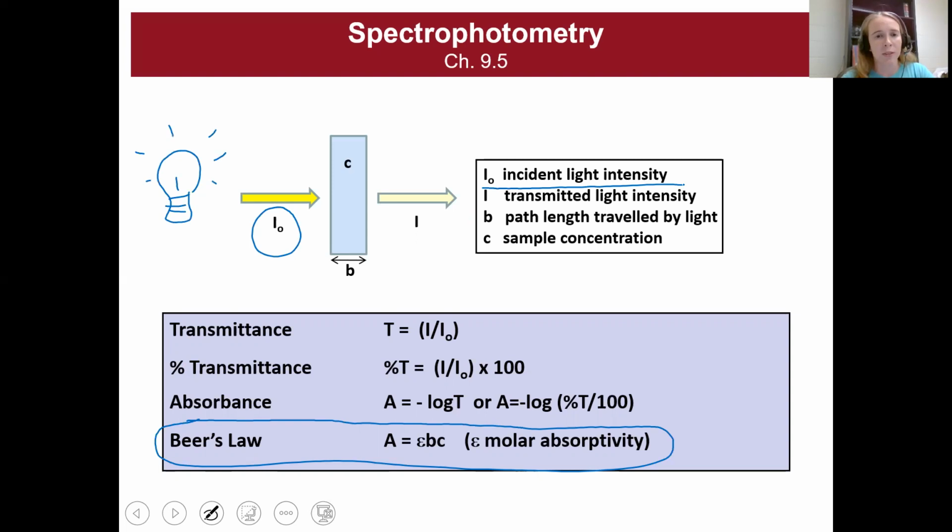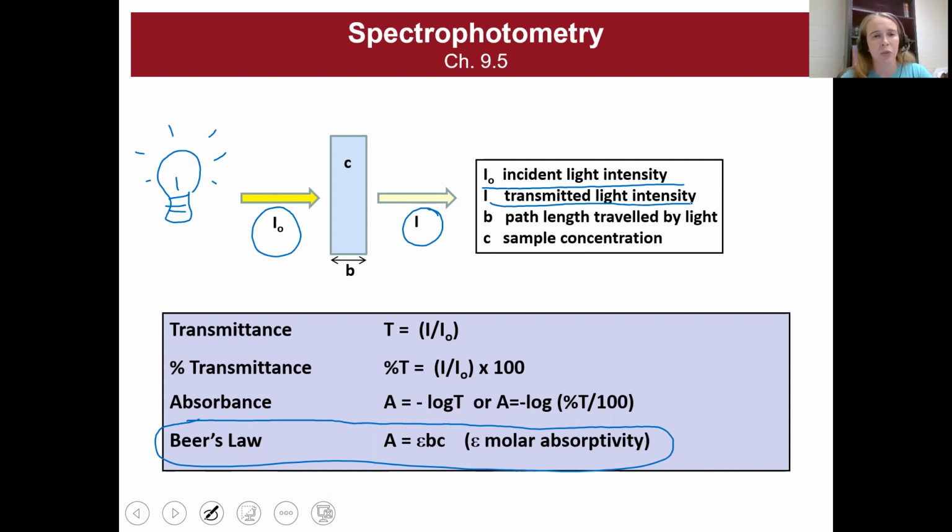The light goes through our sample, which is in a little container called a cuvette. When the light goes through that sample, it comes out on the other side, and it's probably a little bit different. So the transmitted light intensity is probably at least a little smaller than the intensity that we started with.